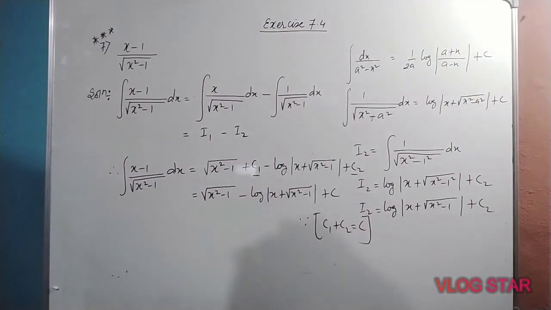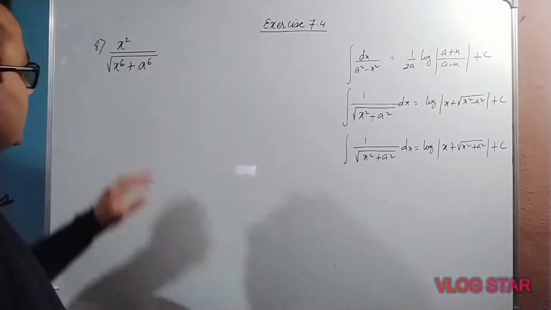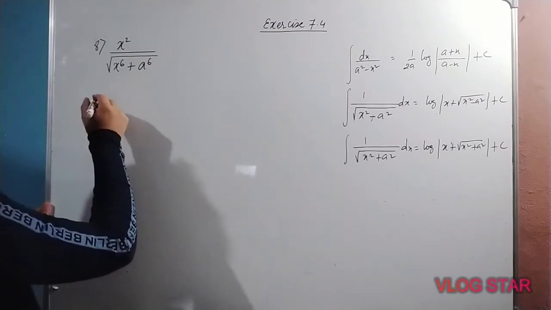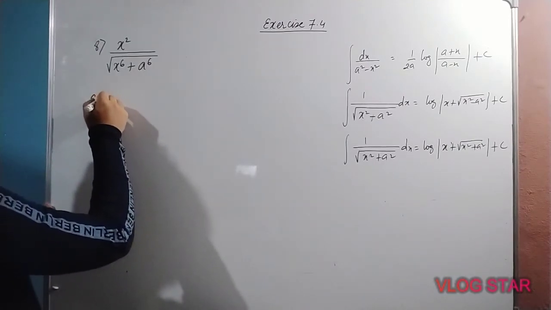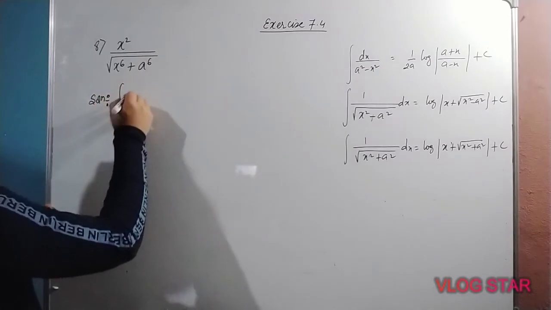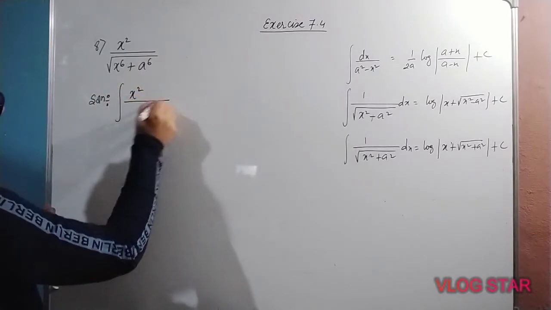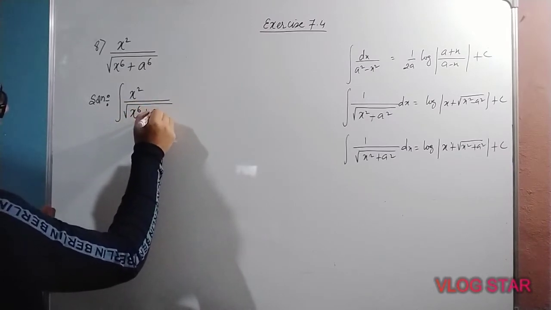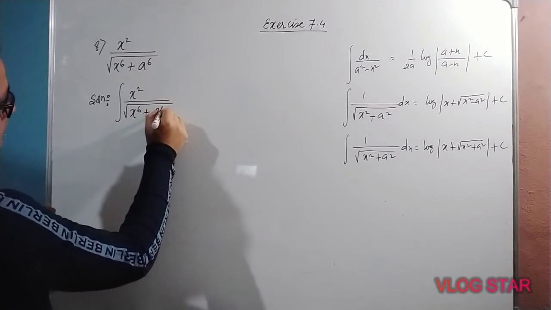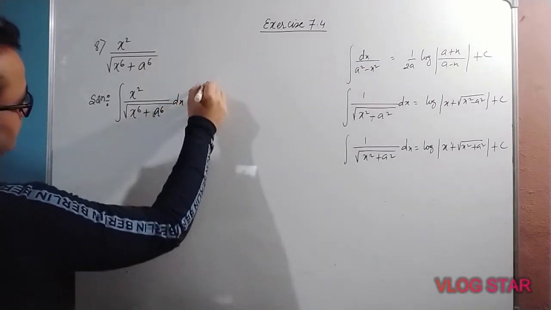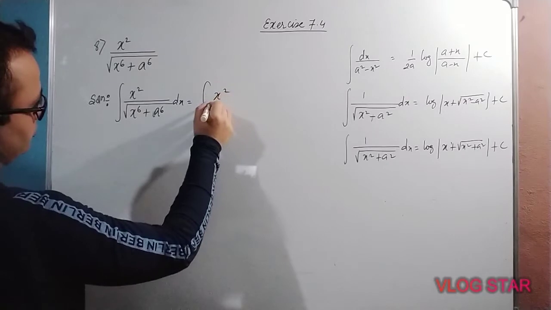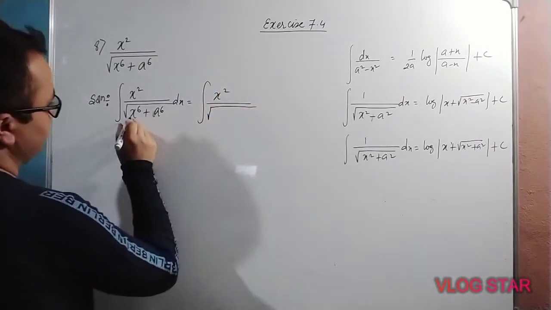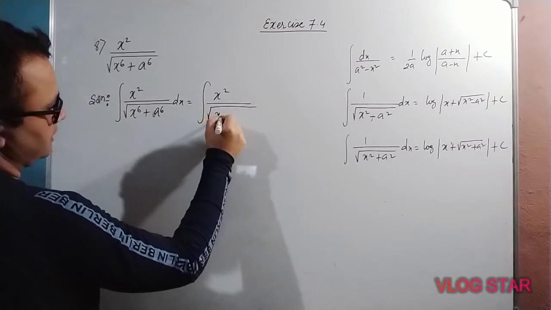Now question number 8. Question number 8 is integration of x square by root under x to the power 6 plus a to the power 6 dx. Now x to the power 6 can be written as x cube whole square.